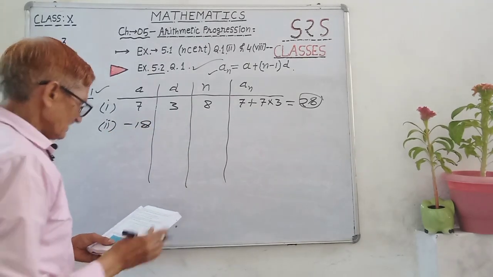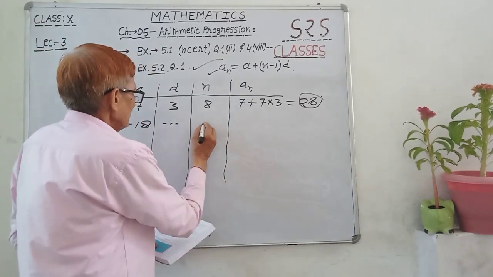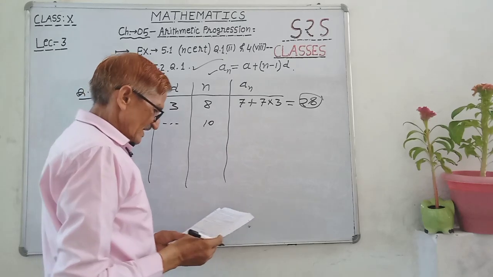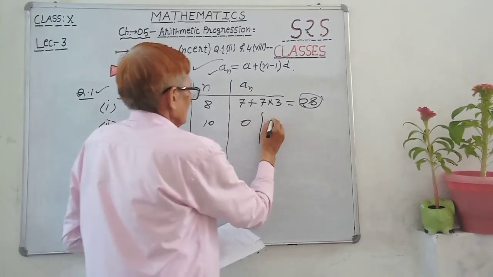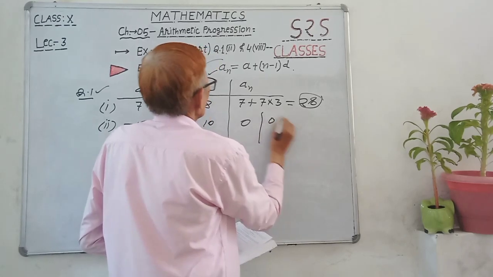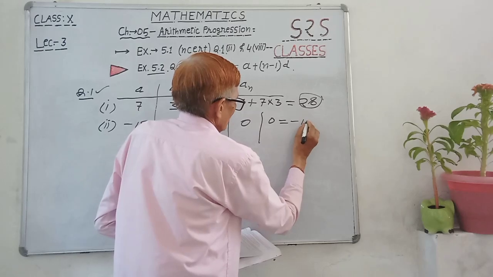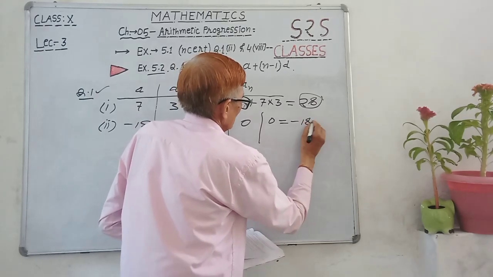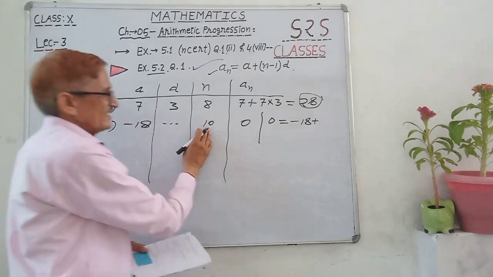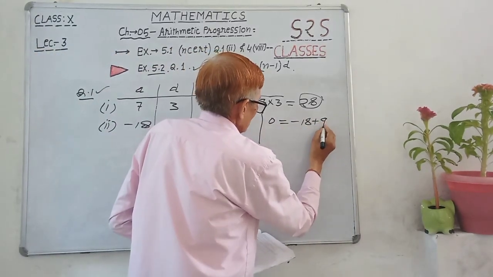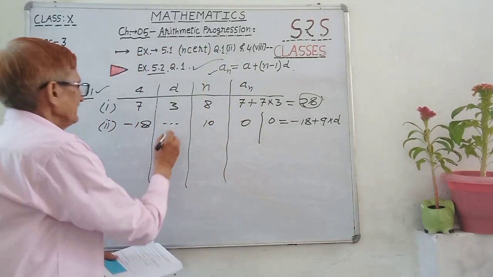A is minus 18, and we are asked to find the common difference D. N is 10, and the nth term A_n is 0. So solve: 0 equals A plus (N minus 1) into D, which is minus 18 plus (10 minus 1), 9 into D. D we have to find, okay?